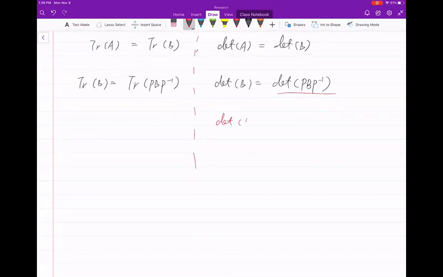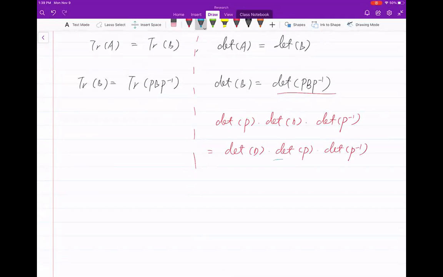The determinant can be decomposed into this, into this. And then you can switch the order, because they're numbers now.